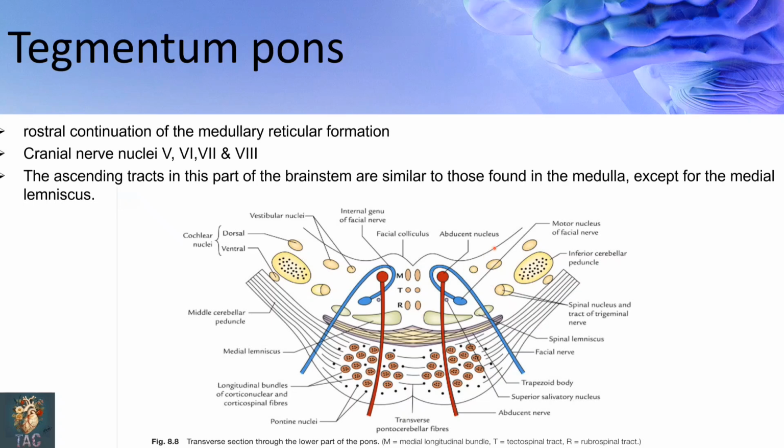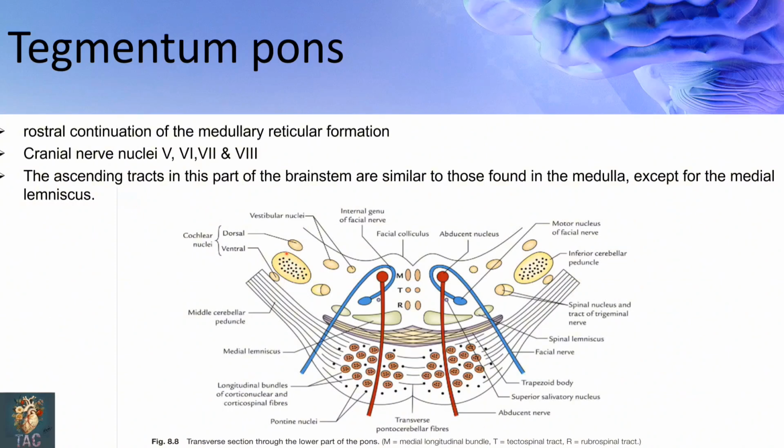Then moving on to the lateral aspects, you can see the vestibular nuclei which are present over here, the nuclear groups of the vestibular nuclear complex, and then the dorsal and the ventral cochlear nuclei, and in between these two nuclei you can see the inferior cerebellar peduncle.